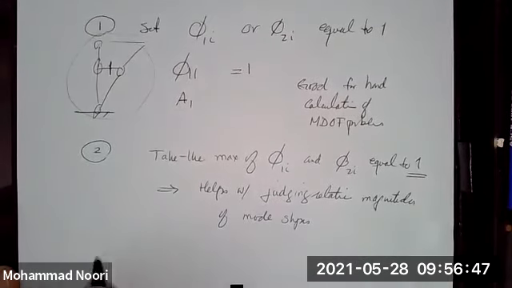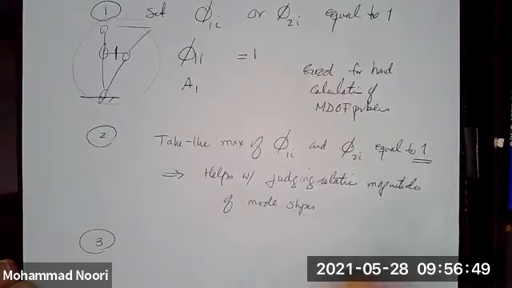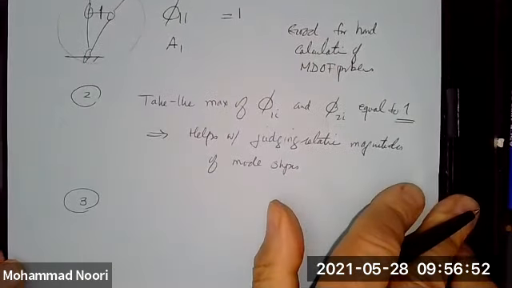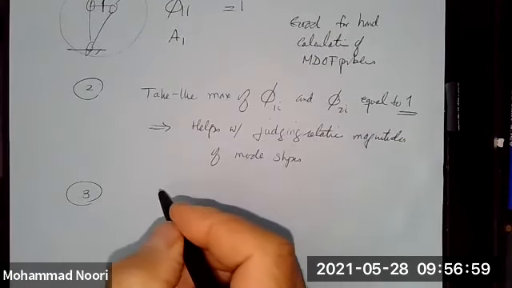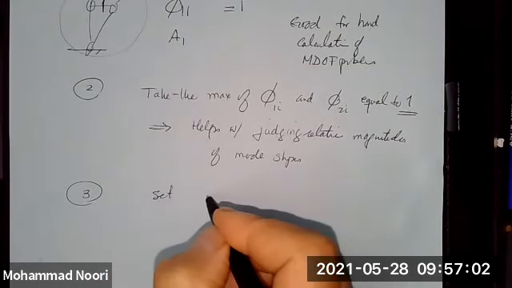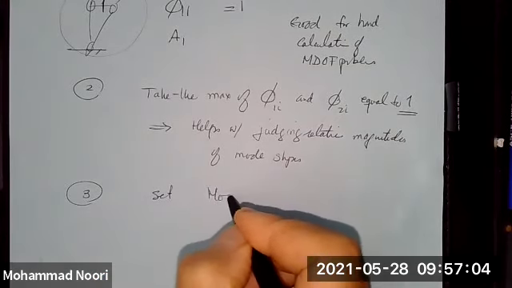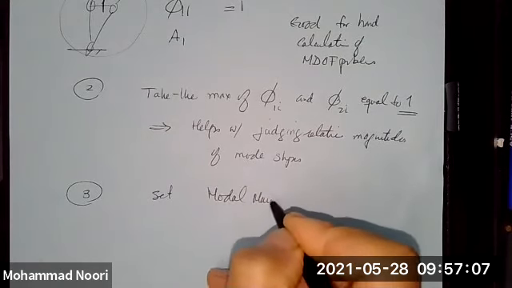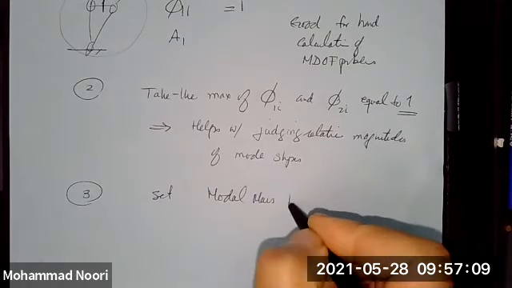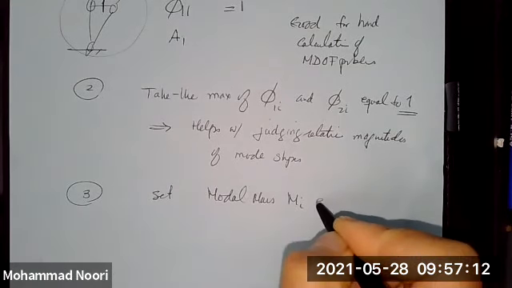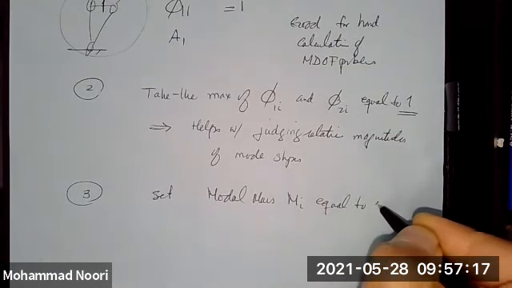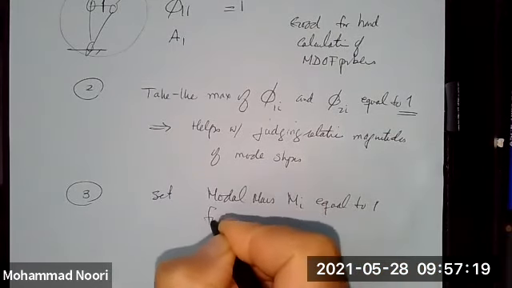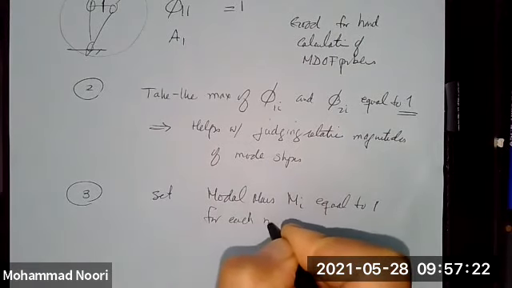The third option, which is done, in fact, for the complicated multi-degree of freedom systems, especially when you use a finite element approach, is we set modal mass mi equal to 1 for each mode.